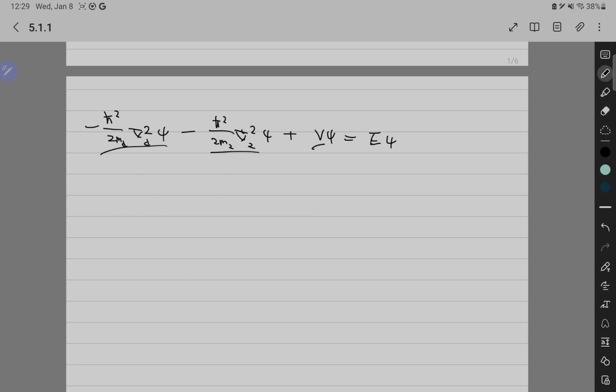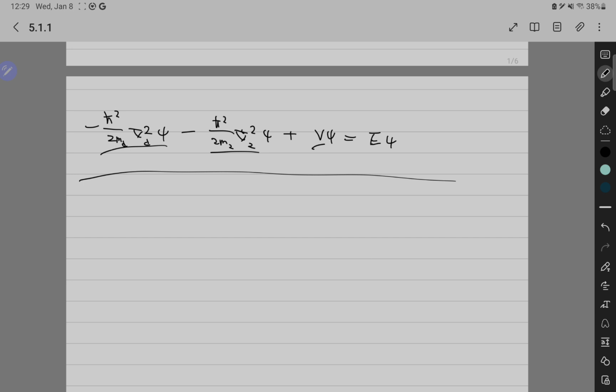So now we have written it down. One difficult task is solving this equation, finding a solution for it. But there are two special cases that we can consider. The first case is non-interacting particles. If we have two particles in a system and they do not interact with each other, they're each subject to their own external force.